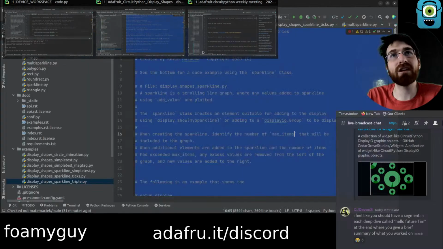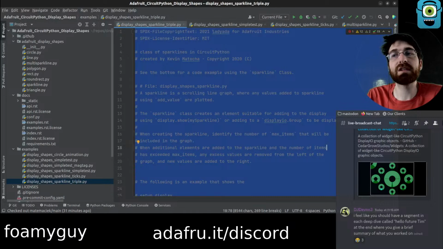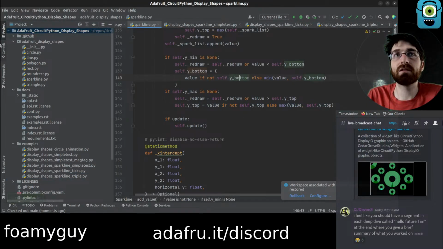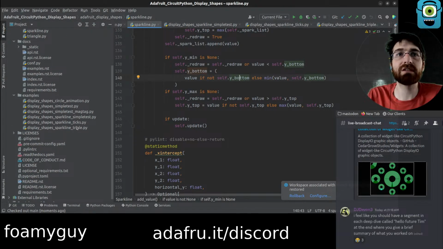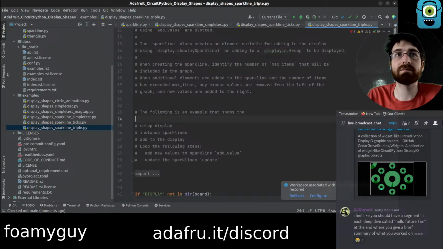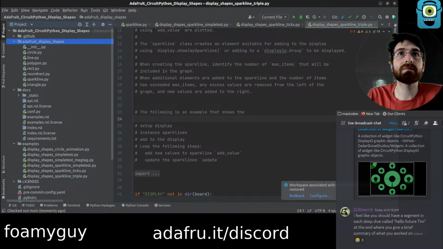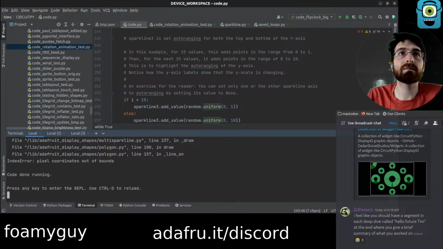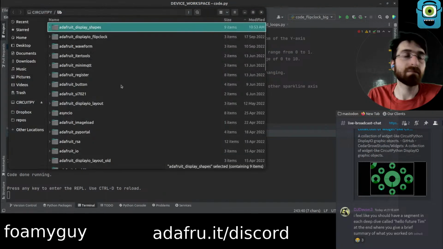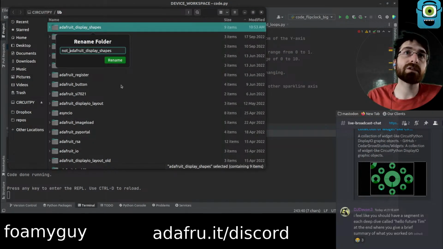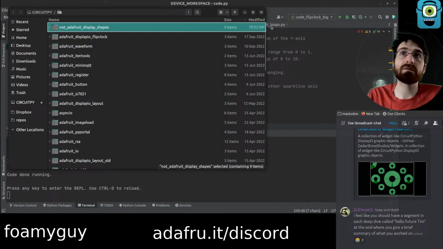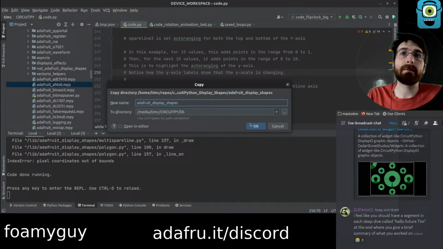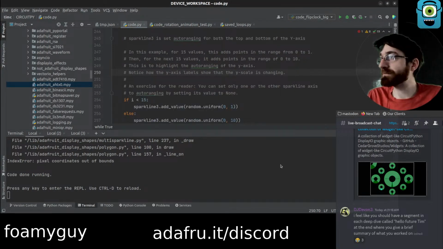Did the bounds change? Because it is random, so it's not guaranteed to fail. Did the bounds change, or did we just get lucky before? Turn this to not. Paste that in there.